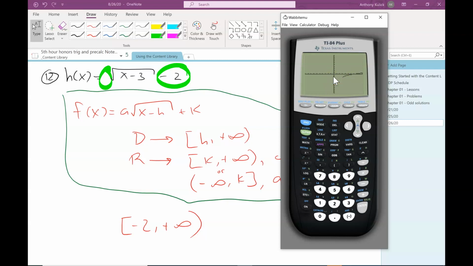Everybody okay there? So at this point, I'm convinced that this is -2 to positive infinity. And because there's actually a point there at -2, I can put a bracket on it, right? Because there's a point that actually has -2 as its y coordinate. Does that feel okay, Krista?